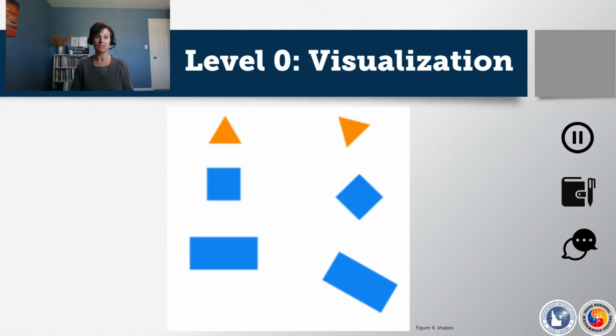But if the shapes are turned in a non-traditional orientation as shown on the right, they might not be able to recognize or name those shapes. On our Levels of Geometric Understanding handout, write a word or draw a picture that captures the understanding at this level. Pause, take a moment to do that, come right back.